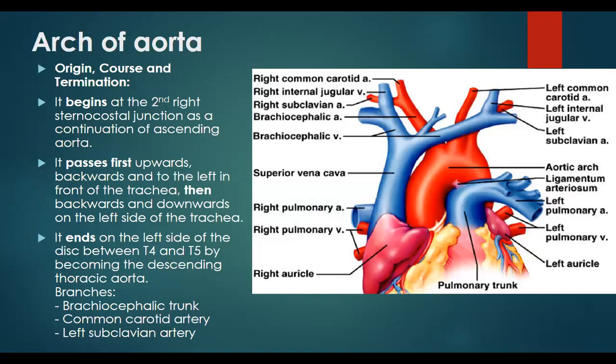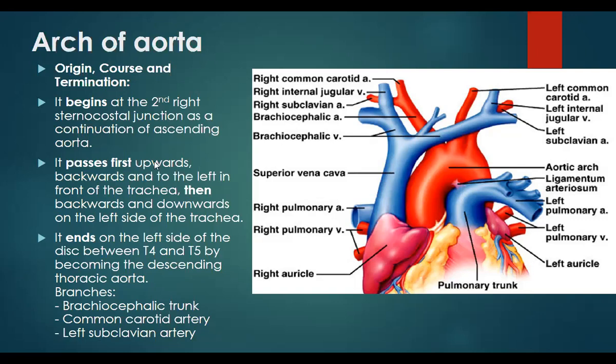Now coming to the arch of the aorta. So here is the arch of the aorta, which is arching. It begins from where the ascending aorta ends, that is the second right sternocostal junction, as a continuation of the ascending aorta.